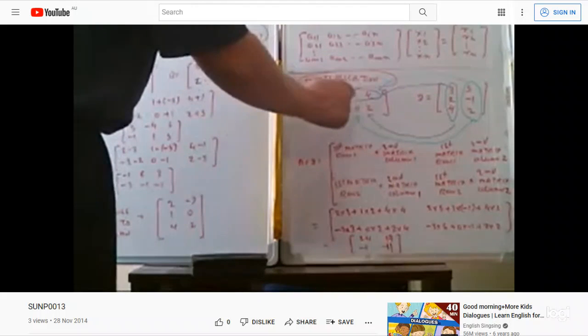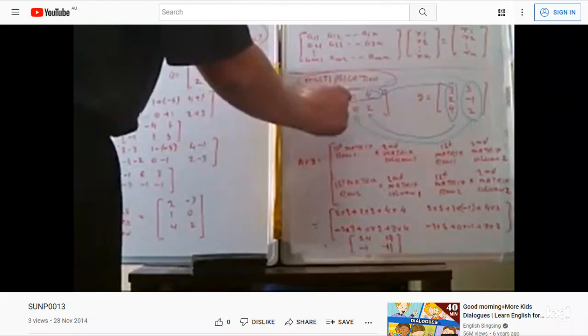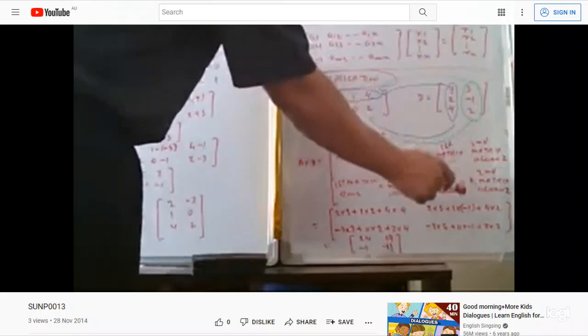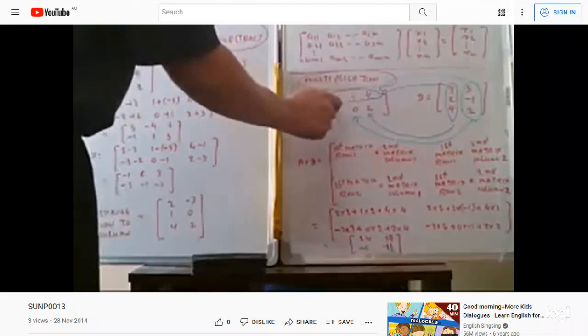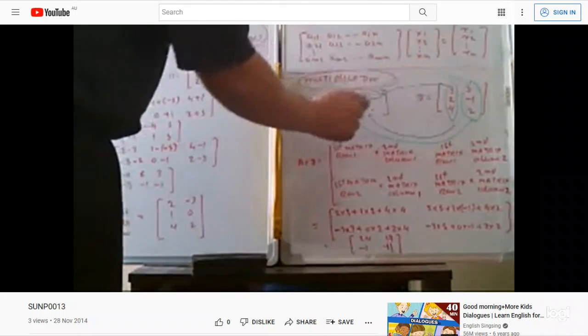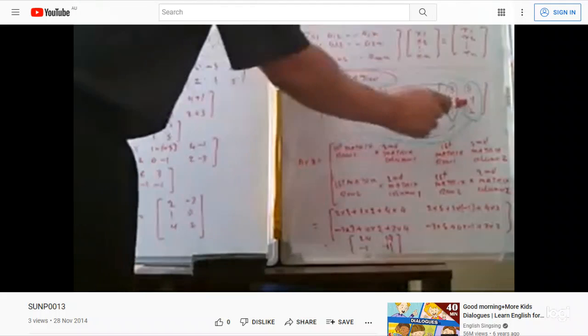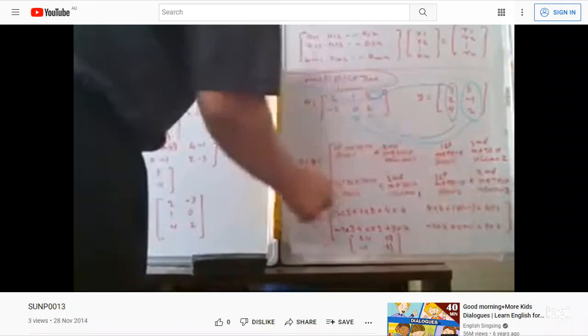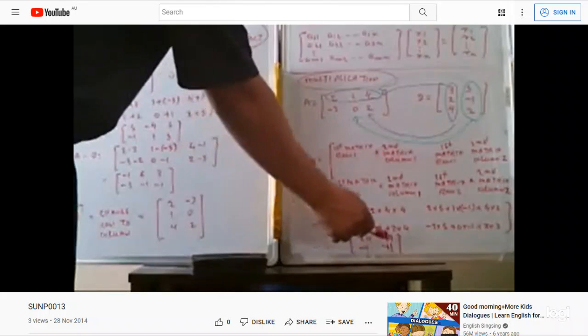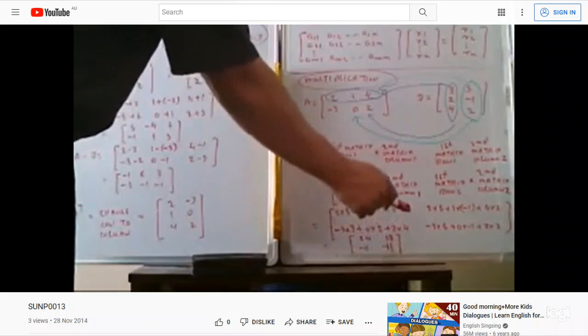And first matrix row 1, 2 multiply 5, 1 multiply minus 1, 4 multiply 2, you place here. And first matrix row 2, minus 3 multiply 5, 0 multiply minus 1, 2 multiply 2. You add all together, and the final answer will be 24, 17, minus 1, minus 2, for the matrix.